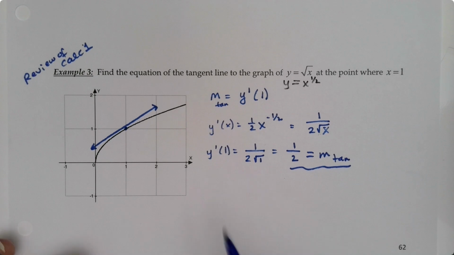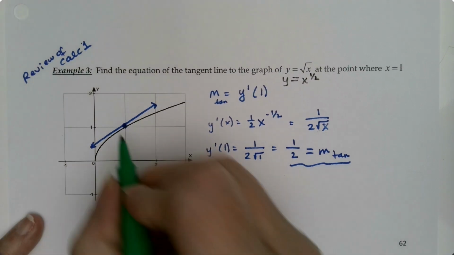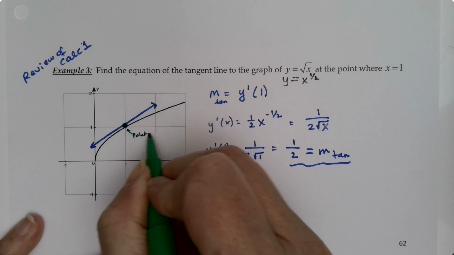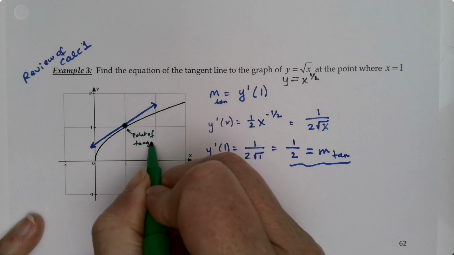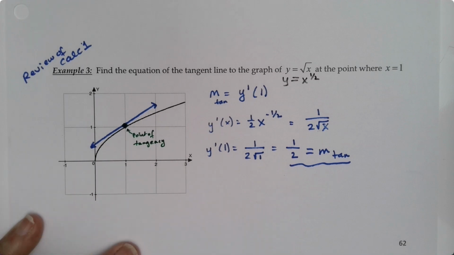Okay, well, to find the equation of a line, I'm going to need two things. I need the slope, which I have, and I also need a point on the line. Well, I don't have that yet, but I need one. So let's find this point right here. And this is the point of tangency. It's the one point that the curve and line have in common.